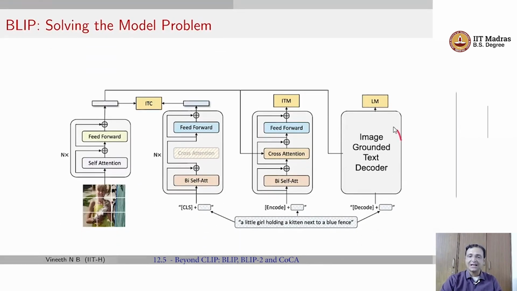And finally, as the last block, we have the image grounded text decoder, where once again you have your caption given as input tokens along with a token called decode.